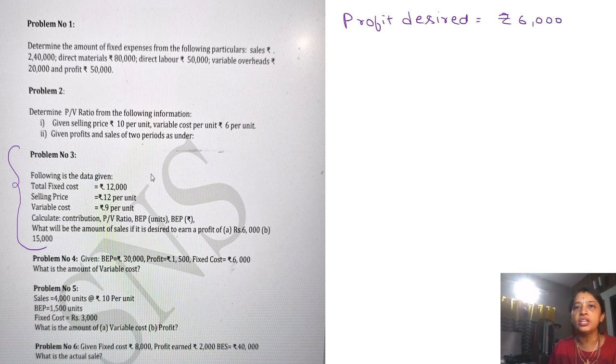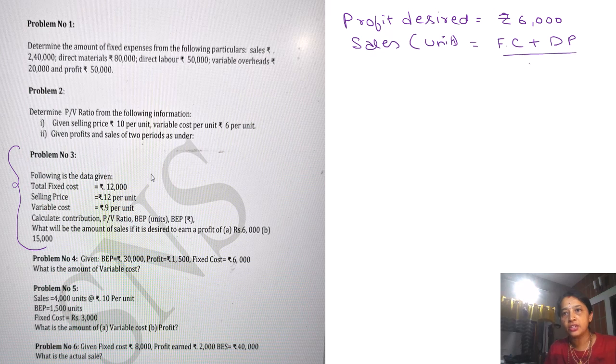What is the formula? You can find out sales in units, or you can also find out sales in rupees. If you have to find out sales in units, what is the formula? Fixed cost plus desired profit divided by contribution per unit.